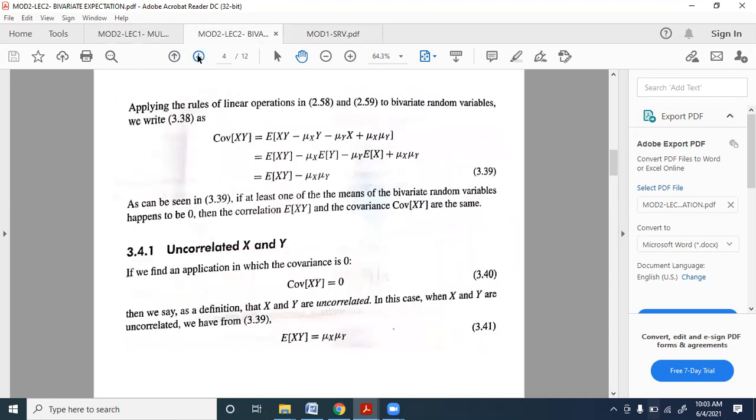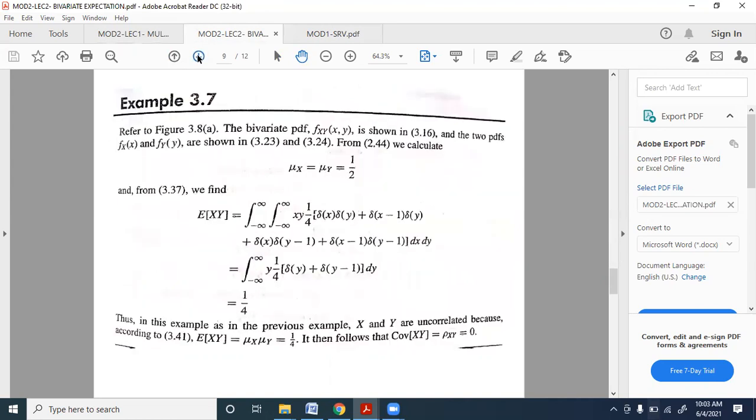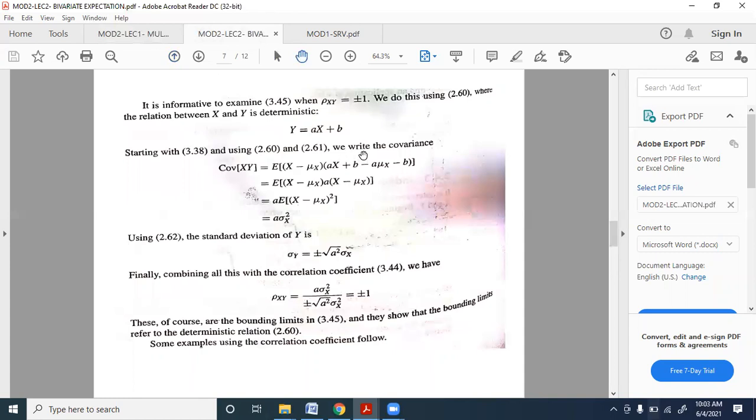If we take it that way, then we'll get x minus mu x, ax plus b because of y, and because of mu y, we'll get minus a mu x minus b, and this b and this minus b will cancel.